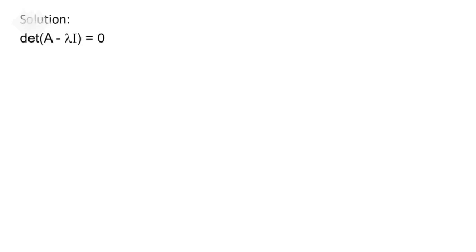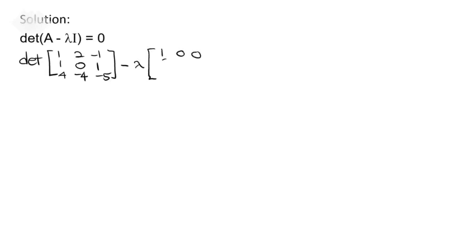So next, determinant of A, what is A? 1, 2, negative 1, 1, 0, 1, and then 4, negative 4, negative 5, minus lambda, and then I is 1, 0, 0, 0, 1, 0, 0, 0, 1 equals 0.